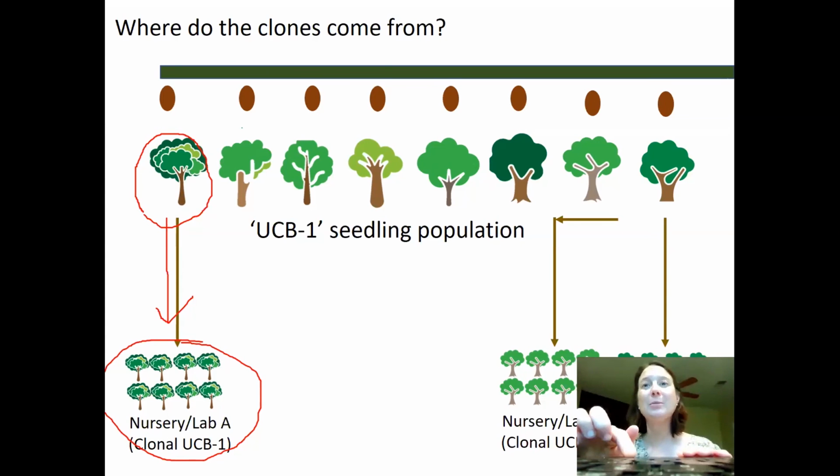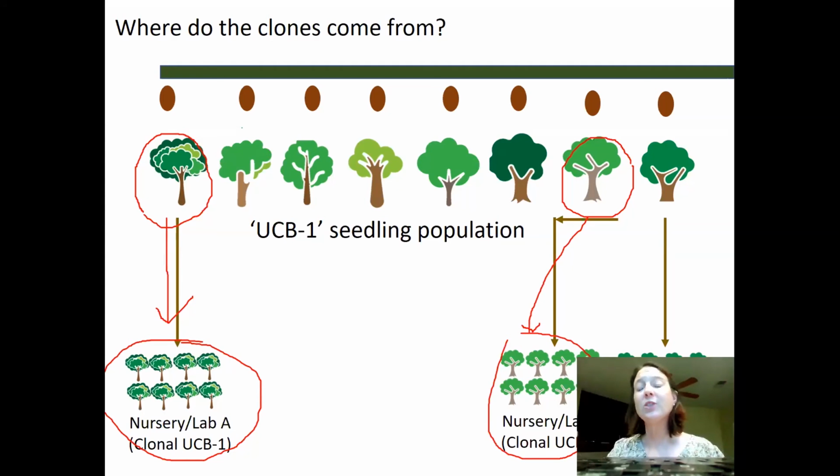Then you have another lab over here, lab B, that really likes this one, and they think it's the magnificent clone. They select it and they micropropagate it. It's still UCB1, but it's just a slightly different line. And you can end up with multiple versions of UCB1 being micropropagated.